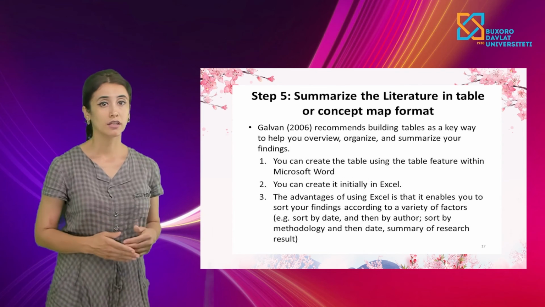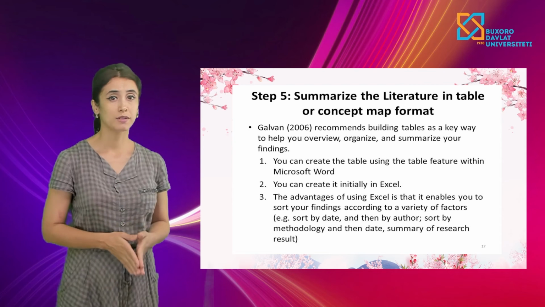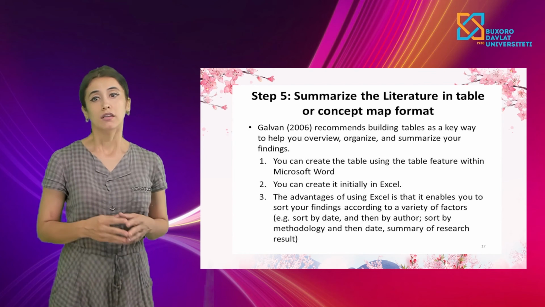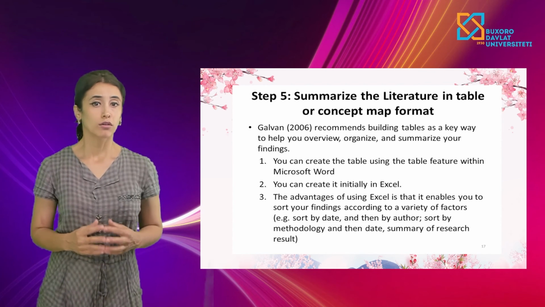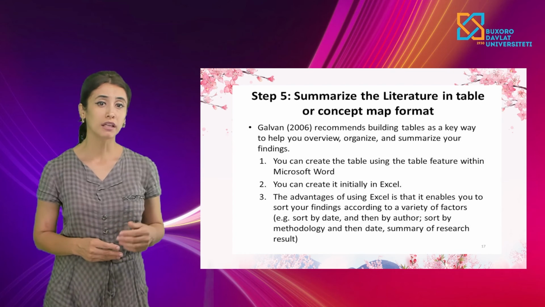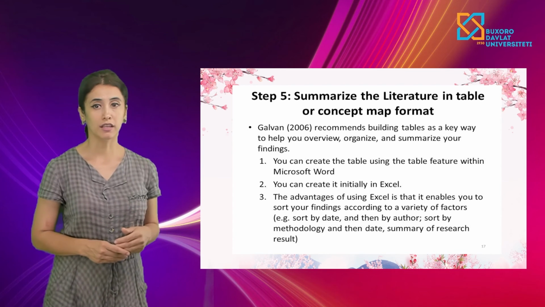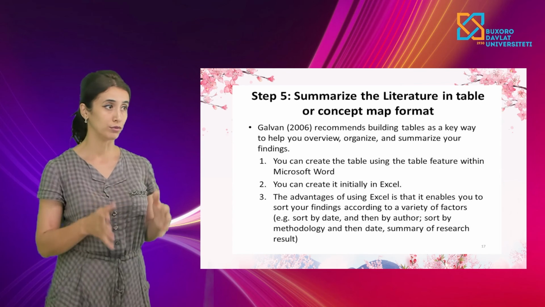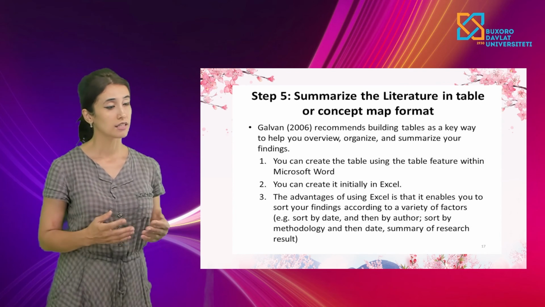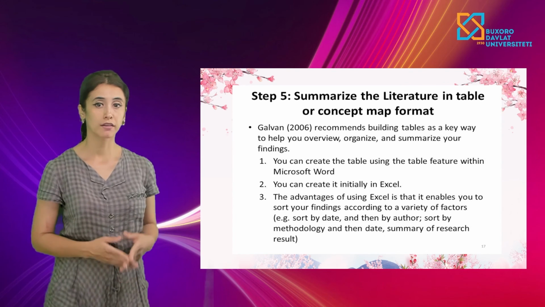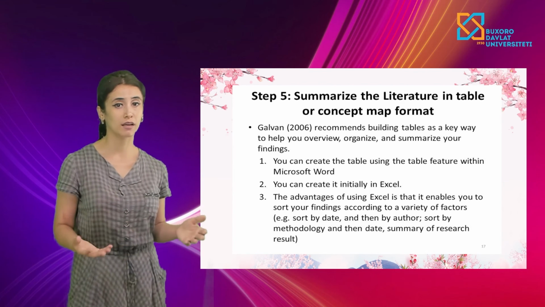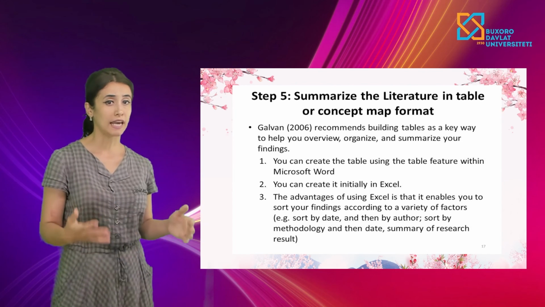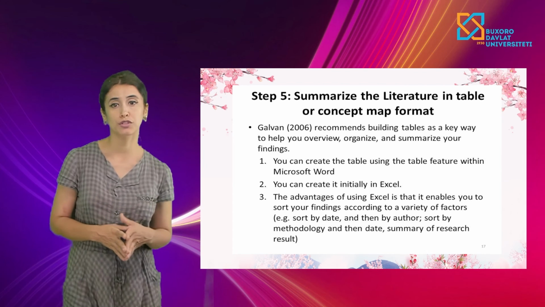Step 5, summarize the literature in table or concept map format. According to Galvan, he recommends building tables as a key way to help you overview, organize, and summarize your findings. The first one, you can create the table using the table feature within Microsoft Word.